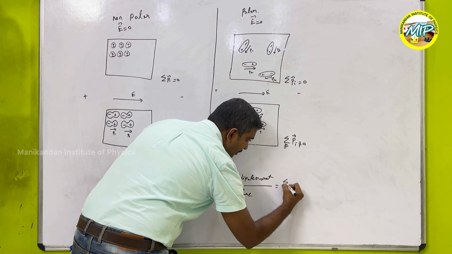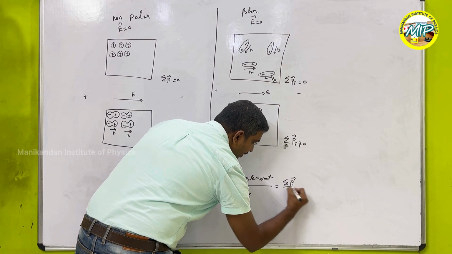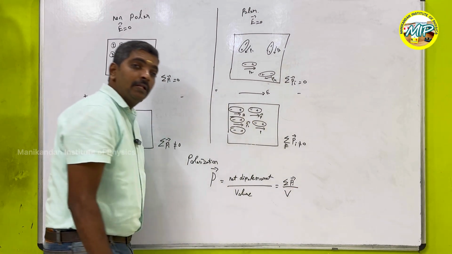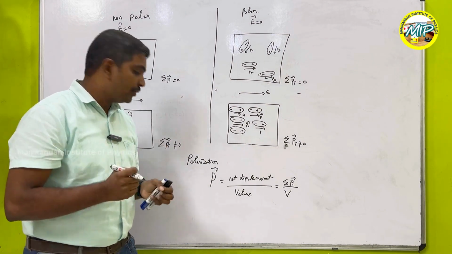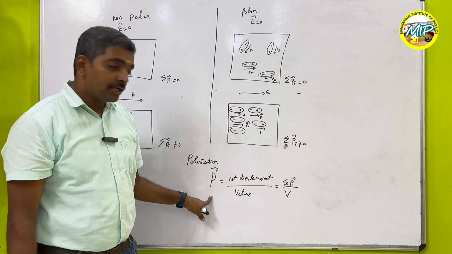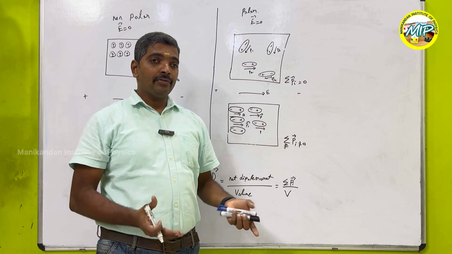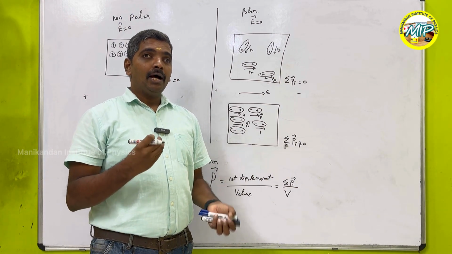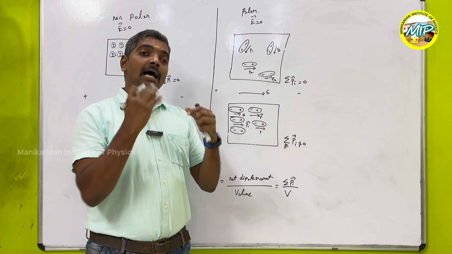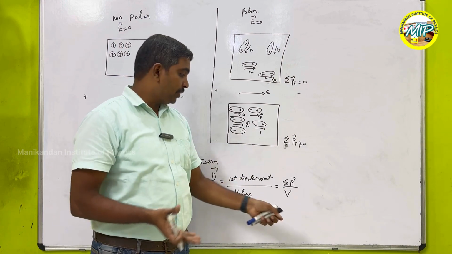So it's nothing but the summation of p_i vector divided by volume. So the net dipole moment per unit volume is called polarization. So this is also a vector, and this is also a vector. So polarization is nothing but how the molecules align per unit volume.